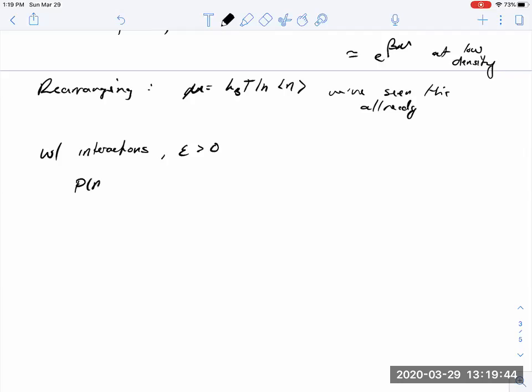Now, if we want the probability of, say, cell i being occupied or being empty, well, there's a piece that has to do with that e to the beta mu, the change in the entropy of the bath as I change the particle number. But in addition, with those interactions turned on, now the energy change associated with Ni being 1 or 0 goes like beta epsilon now times some number of liquid-like neighbors.